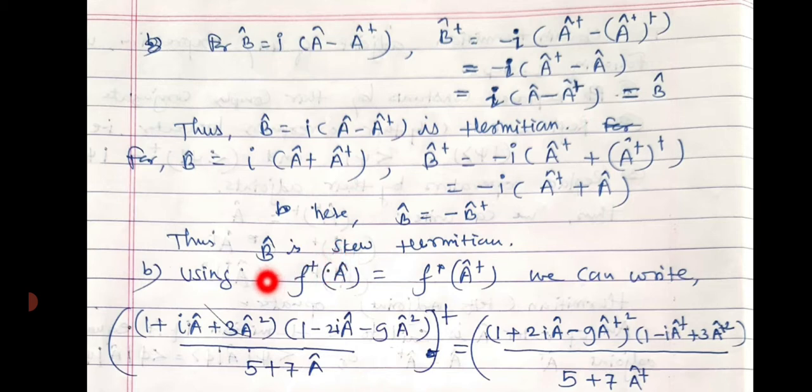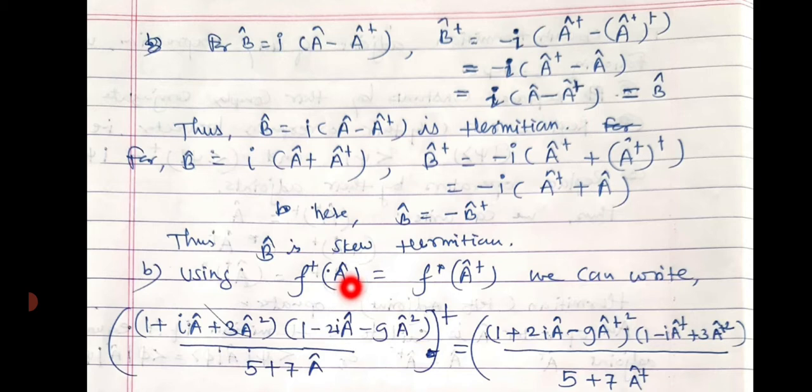Now we have to find the Hermitian conjugate of the function in part B of that problem, f which is a function of A, and we have to find its dagger. So that is f star, the complex conjugate of A dagger. We can write that as (1 plus iA plus 3A square) over (1 minus 2A minus 9A square) divided by (5 plus 7A). Its dagger is the Hermitian conjugate of the first term, which is 1.